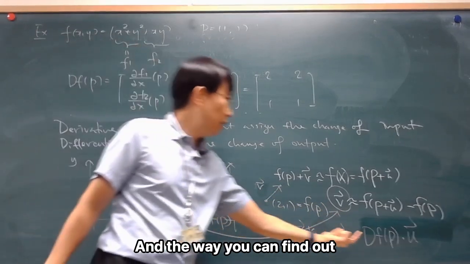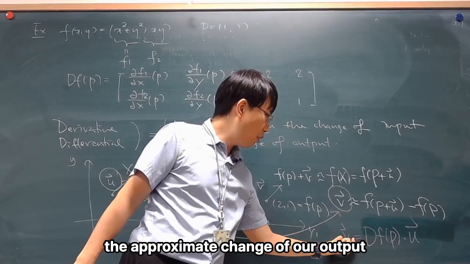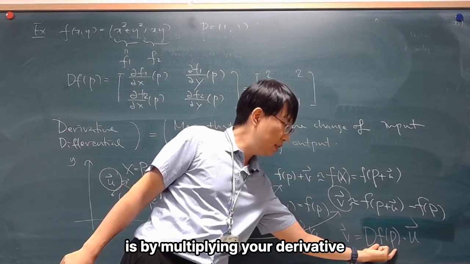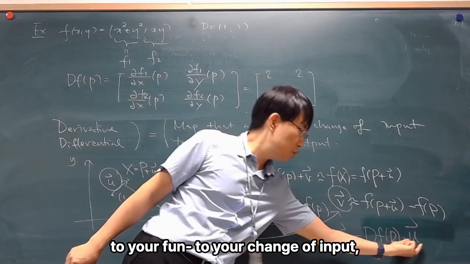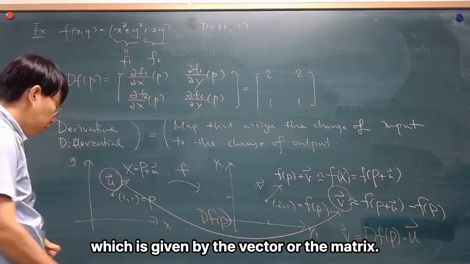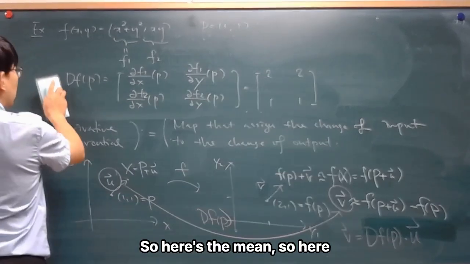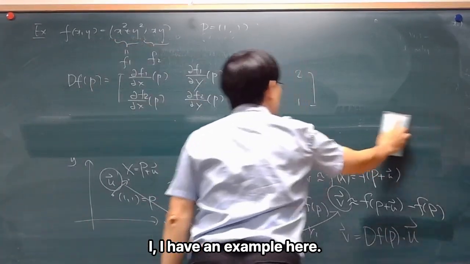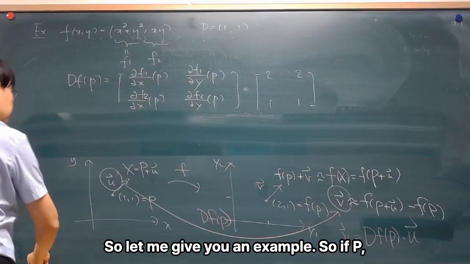The derivative assigns the change of inputs to the change of outputs. The way you can find the approximate change of our output is by multiplying your derivative by your change of input, which is given by the vector. Let me give you an example.